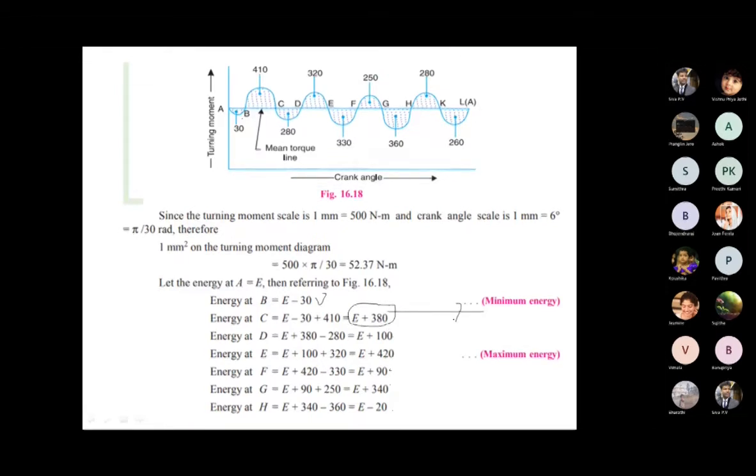But for the minimum, among the minus values, minus 20 and minus 30 only, so minus 30 is the minimum energy, right?